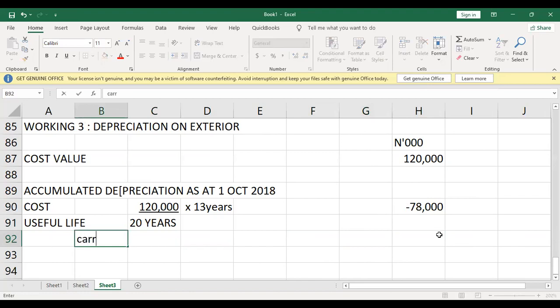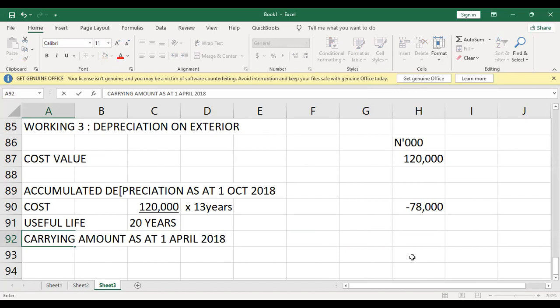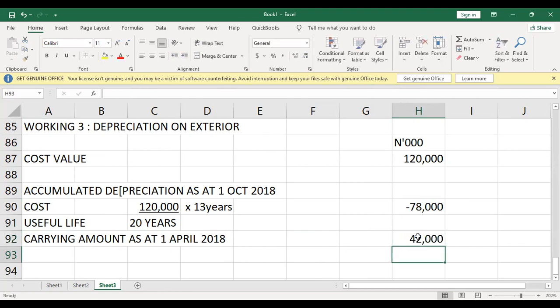You subtract it: 120 minus 78 gives 42 million as the carrying amount. Okay, thank you, sir.